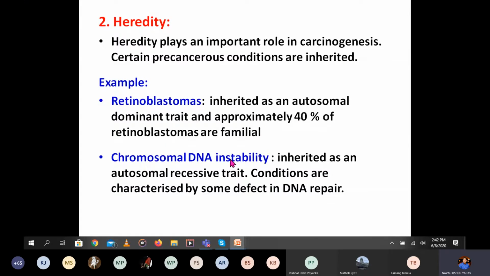Chromosomal DNA instability is an autosomal recessive trait, and the conditions are characterized by defects in DNA repair. Already you have studied the different DNA repair mechanisms, how DNA is repaired. So there will be a defect in the DNA repair mechanisms. So this is the second predisposing factor, that is heredity, which comes from the family.